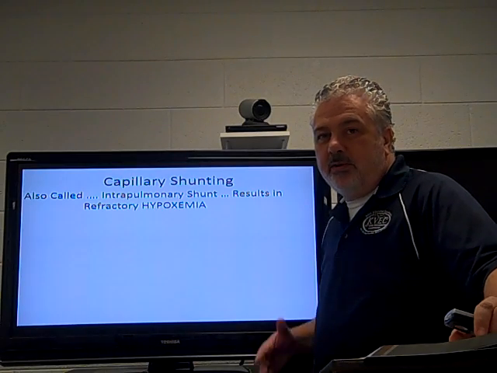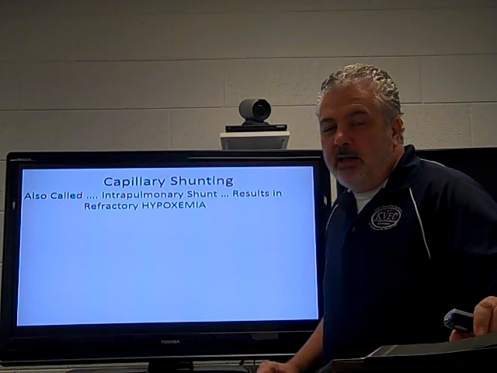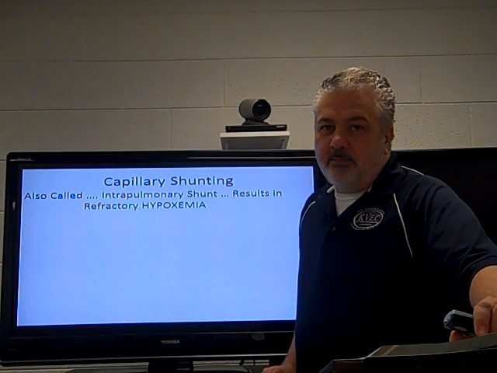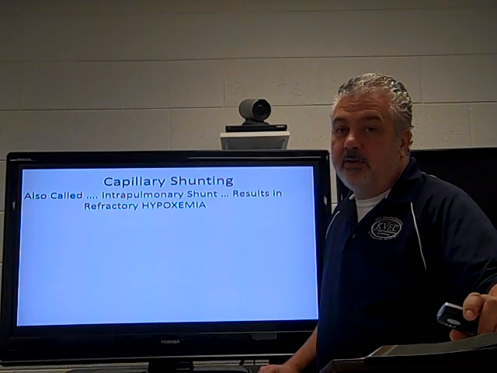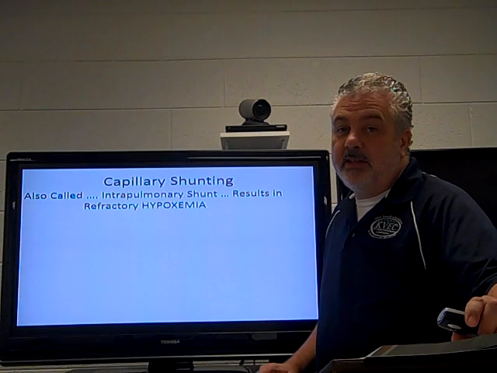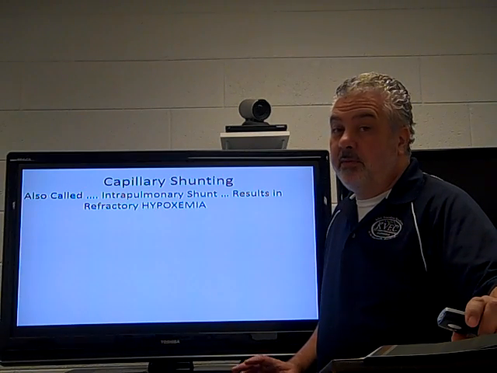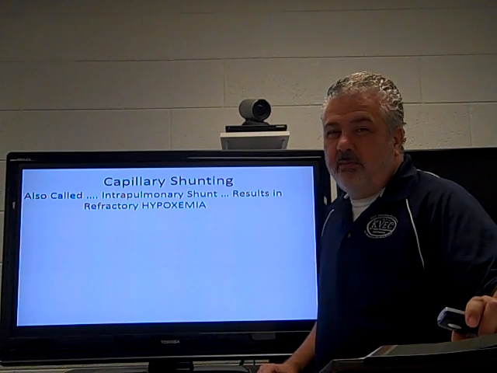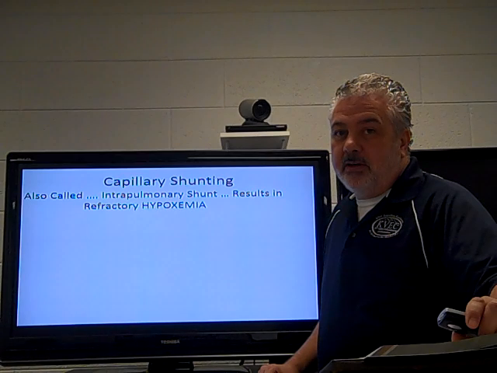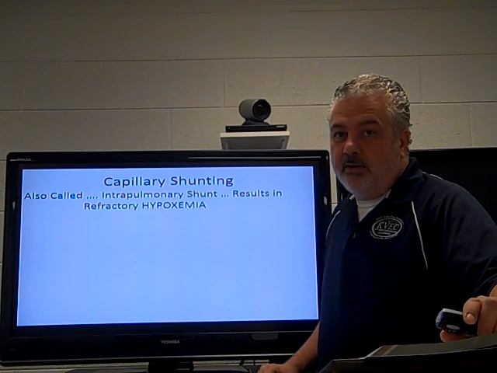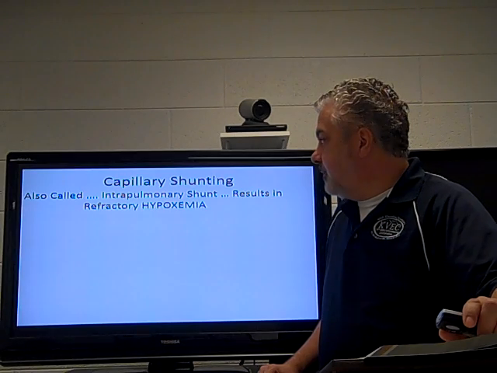So if you keep turning the oxygen up and the PaO2 does not respond, then you have refractory hypoxemia, which means there is a diffusion problem, which in many cases means there's capillary shunting or intrapulmonary shunting. You hear these terms used very frequently.